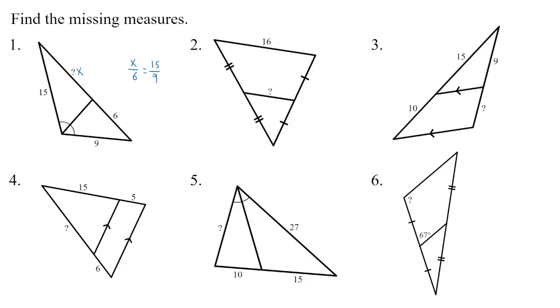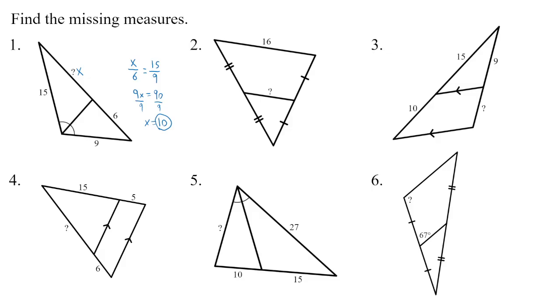So this is how it is set up. Now we're going to cross multiply. This would be 9x equals 90. Divide both sides by 9 and you would get 10. And therefore, the solution is 10.